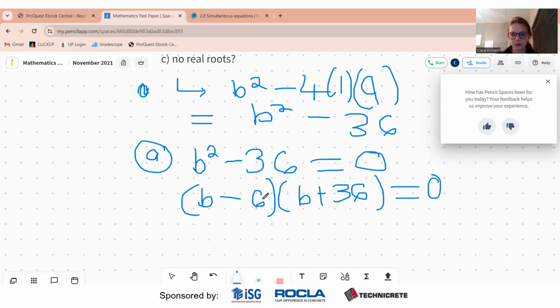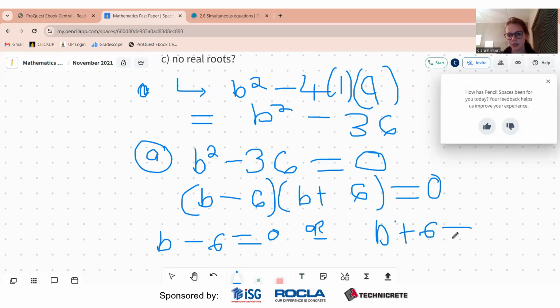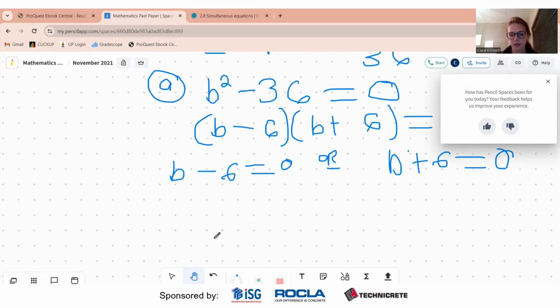I split and solve, so I set each bracket equal to 0. b plus 6 is equal to 0, and if I solve, I will have b is equal to 6, b is equal to minus 6.